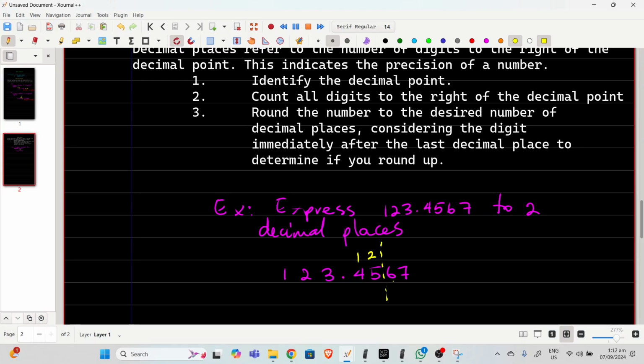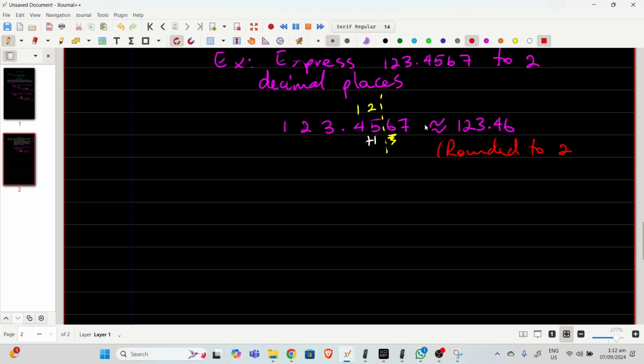Cut off right here. This fits the condition of being greater than or equal to 5, so I have to add 1 to the value right before the cutoff point, and we get approximately 123.46, rounded to 2 decimal places. Nothing big there.